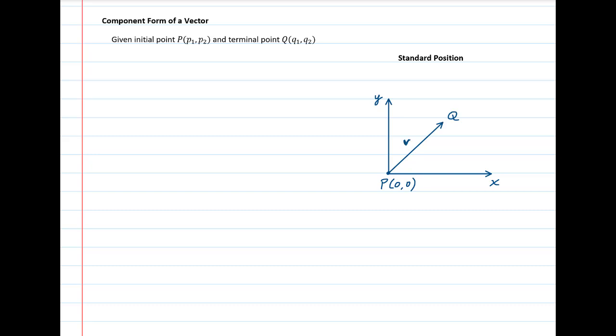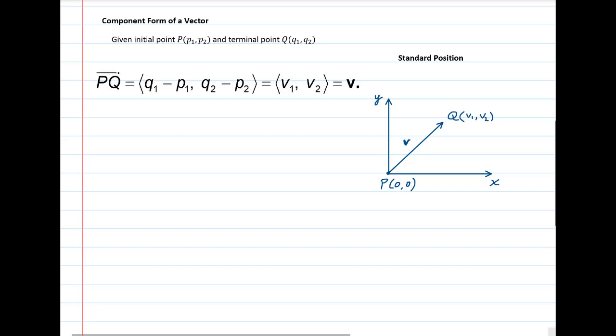So if we place our vector so that the initial point starts at the origin, 0, 0, so your P is 0, 0, and your Q would be wherever that terminal point happens to be. I'm going to label my terminal point with coordinates v1, v2. Our component form is determined by subtracting the x coordinates and the y coordinates.